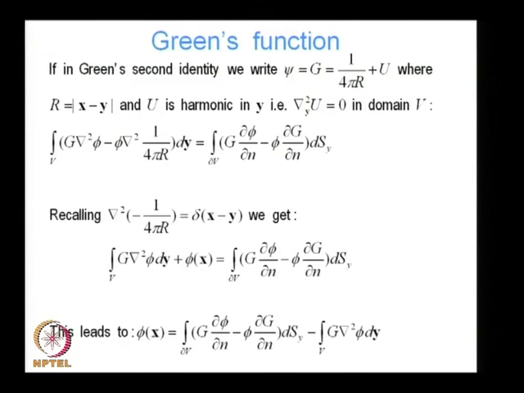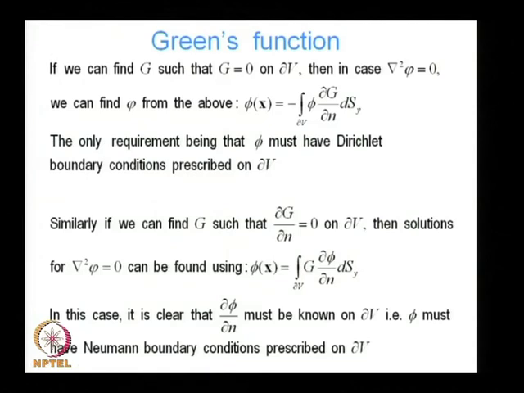So, this term is automatically 0, and in that case phi is going to be given by g del phi del n minus phi del g del n dsy. If we can find Green's function g such that g is equal to 0 on my boundary, then I have a solution.